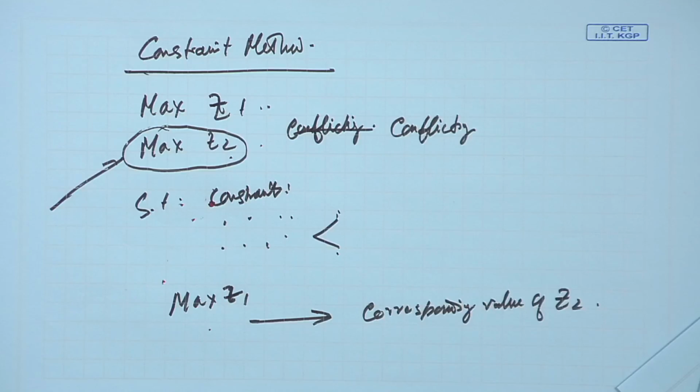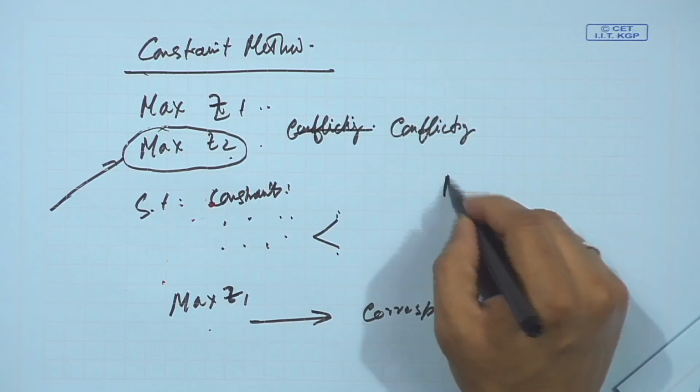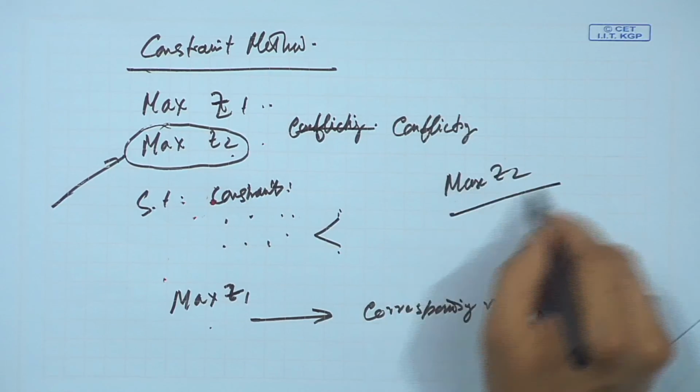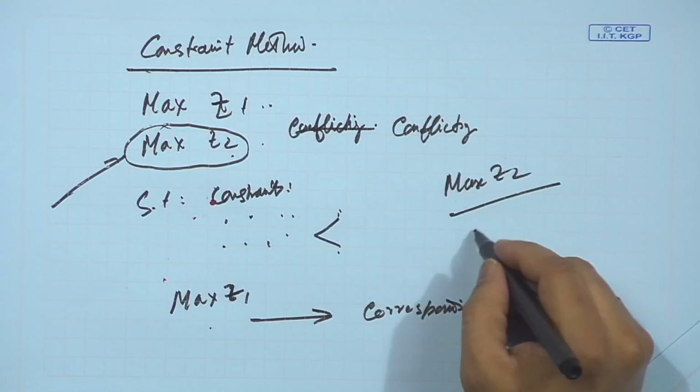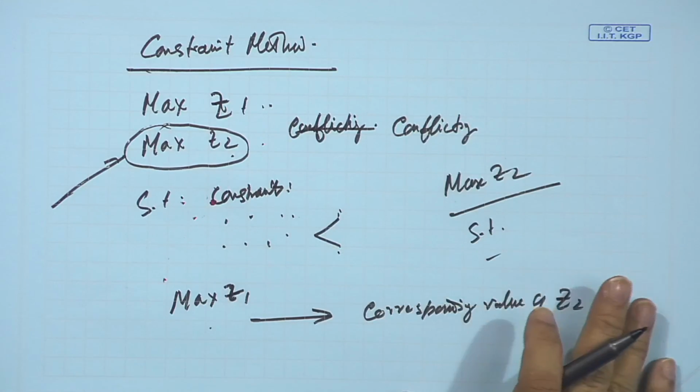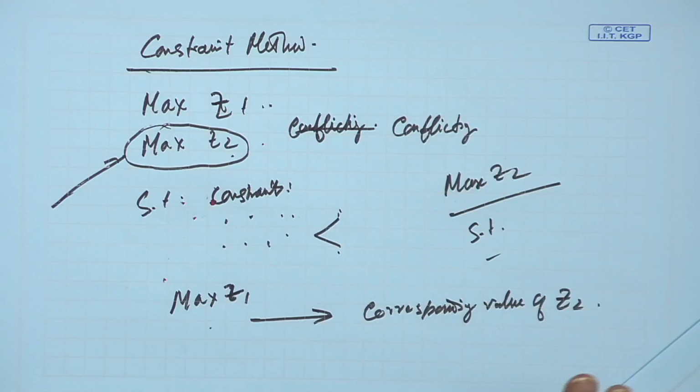Then I also solve for maximize Z2 and forget about Z1, subject to all the same constraints.